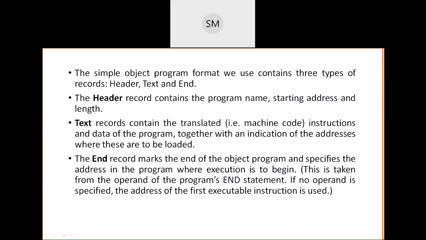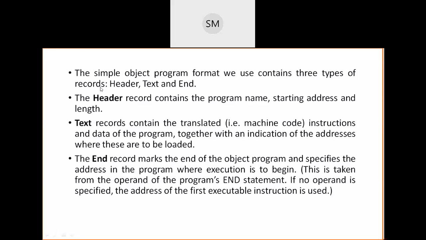For example, our human body has a head, a stomach and legs. Similarly, this object program is also divided into three parts. Instead of calling it a regular day-to-day word like part, I call it, technically, a record.